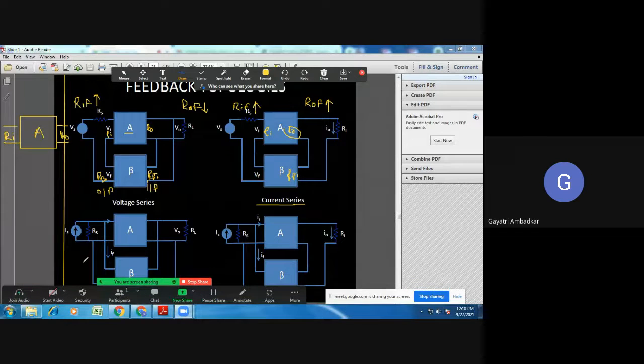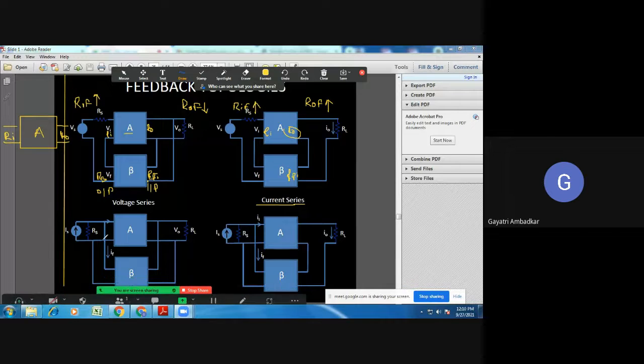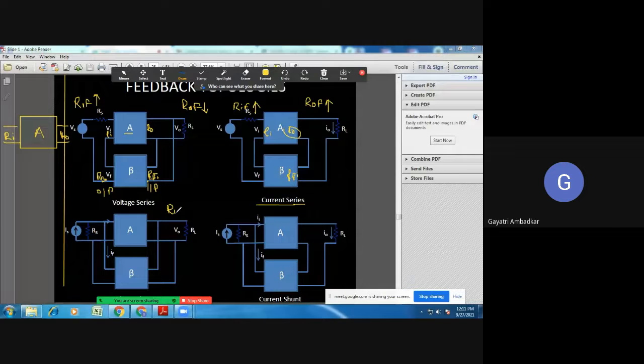How it is mixed in shunt, it means it's a shunt mixing. So the name is voltage shunt. So what will happen here? What is the effect on output resistance of the amplifier with feedback and input resistance of the amplifier with feedback? Increase or decrease?